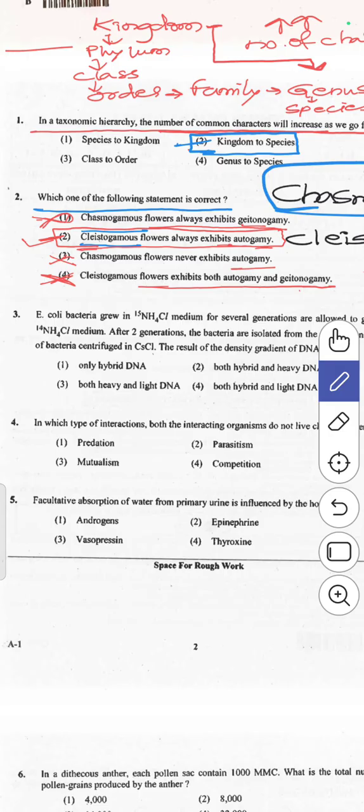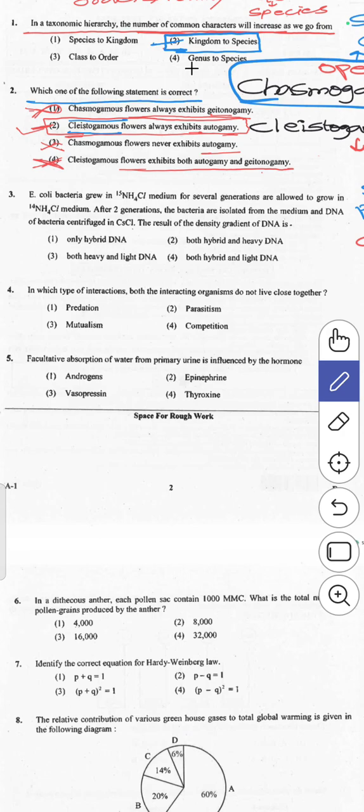Then let's discuss the next one. So next question, that is third question. Read out the third question. E. coli bacteria grew in 15NH4Cl medium for several generations, are allowed to grow in a 14NH4Cl medium.